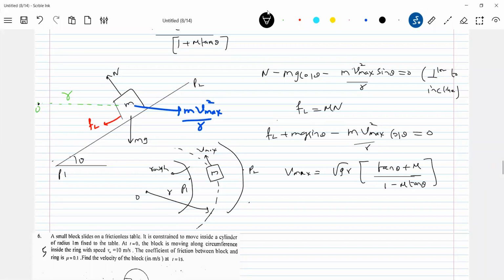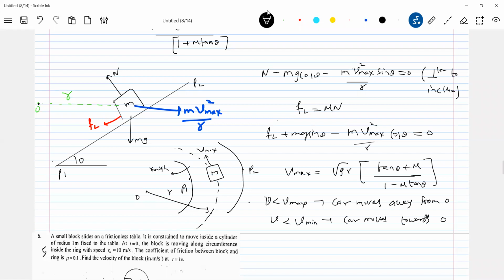If V greater than V max, the car will move away from O. It will move radially outward. If V less than V max, the car moves towards O. If the speed is between V minimum and V max, then what happens to the car?